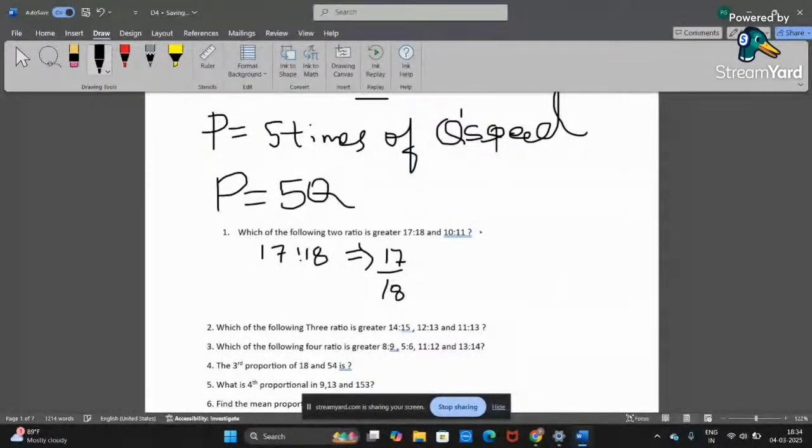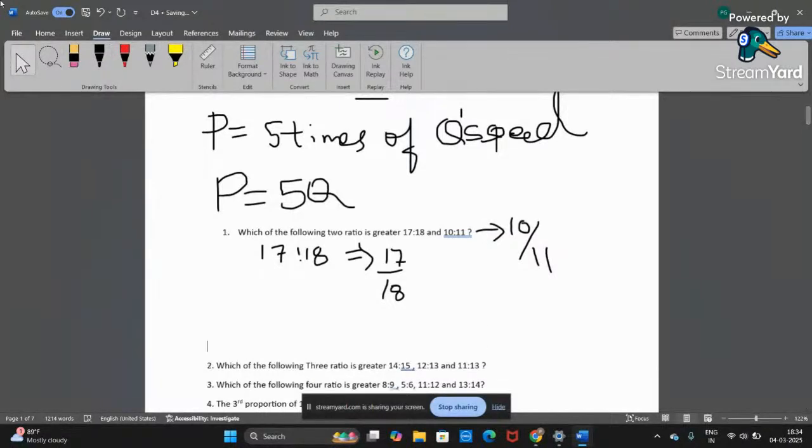Same way, 10 is to 11 we can write as 10 by 11. To find which one is greater, we have to multiply this numerator with this denominator, again with this numerator into this denominator.